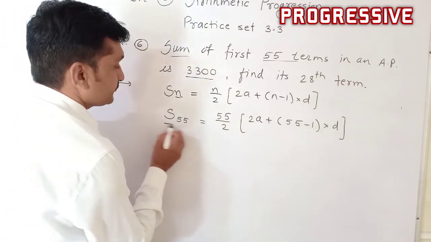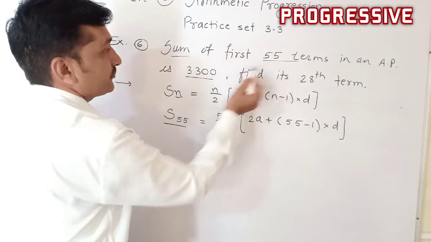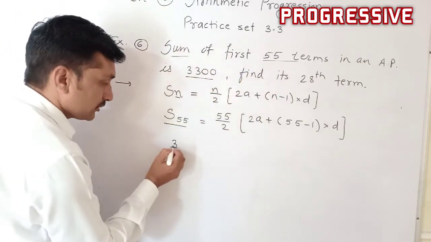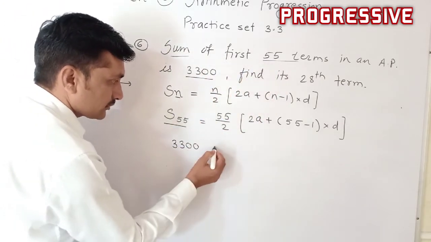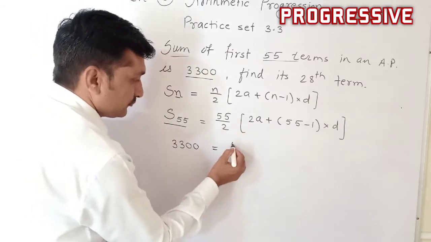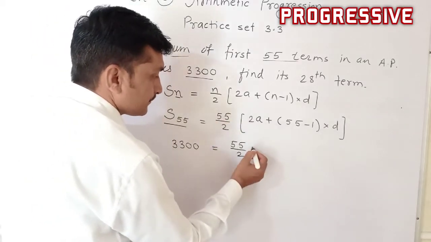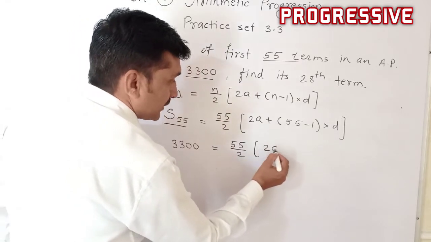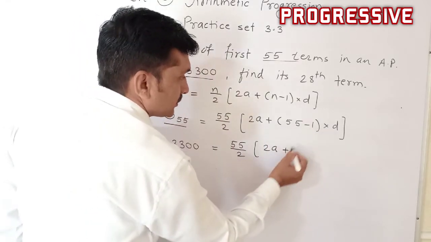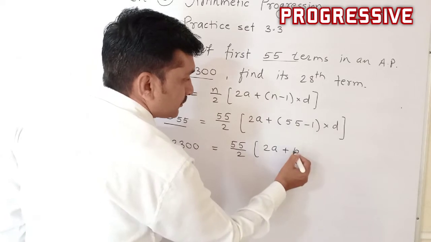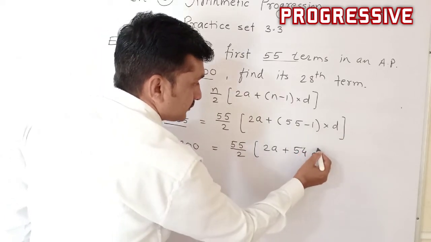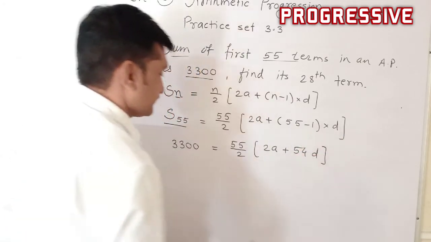Now S55 is given: the sum of 55 terms is 3300. Therefore 3300 is equal to 55 upon 2, which is not reducible by 2, so write it as it is, in bracket 2a plus 54d.